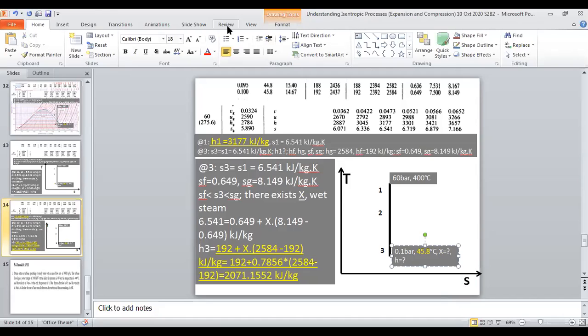So you have the H value. I calculated the H value here, 2071. Put it here, 2071. I have no idea how you can see this on your screen.